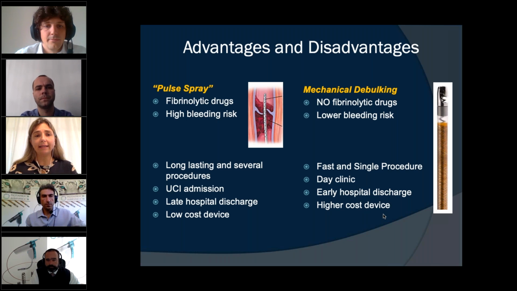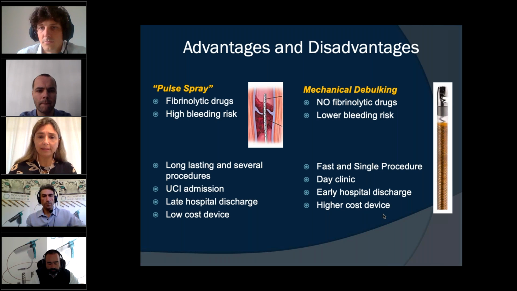Considering the two techniques, the advantages and disadvantages: the main advantage of mechanical debulking is that there is no need for fibrinolytic drugs and all the complications and risks related to that type of drug. So it carries a lower bleeding risk, it's a fast, day clinic procedure with early hospital discharge, and the only drawback of mechanical debulking is the higher cost of the device.